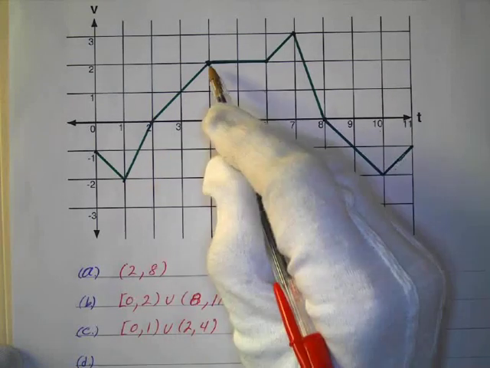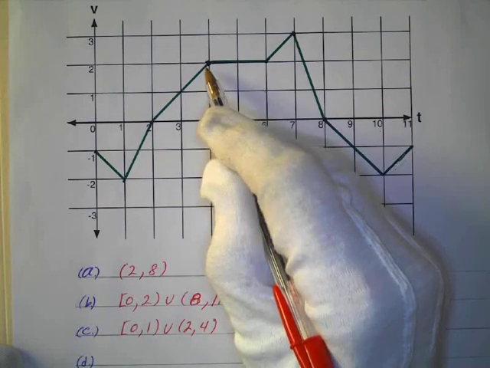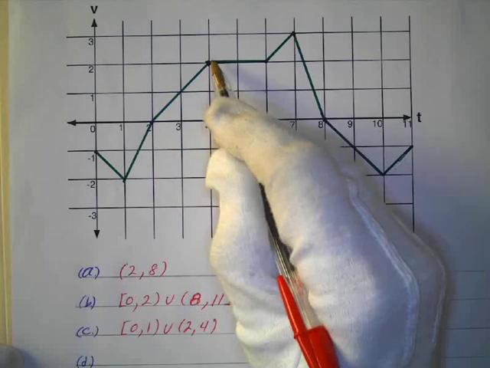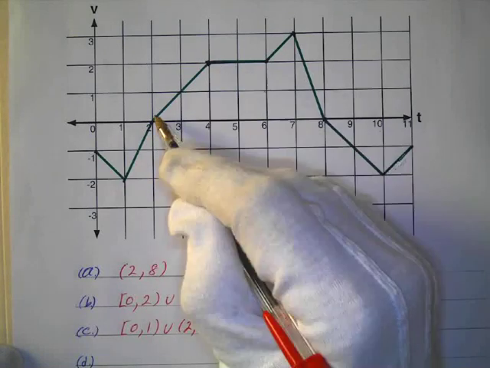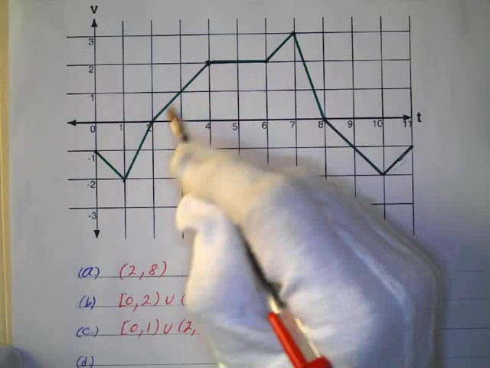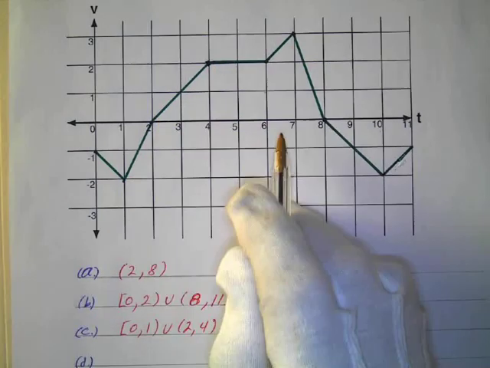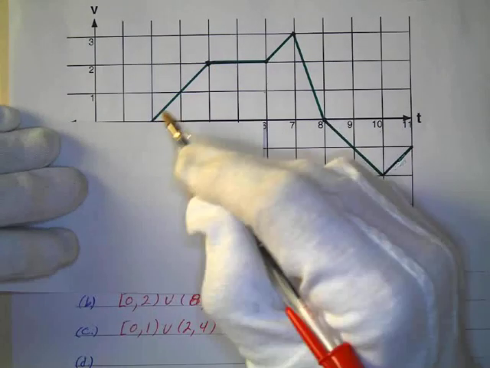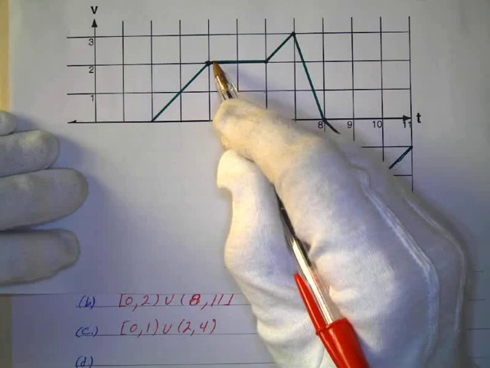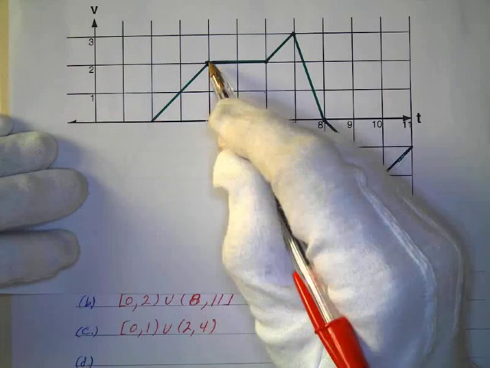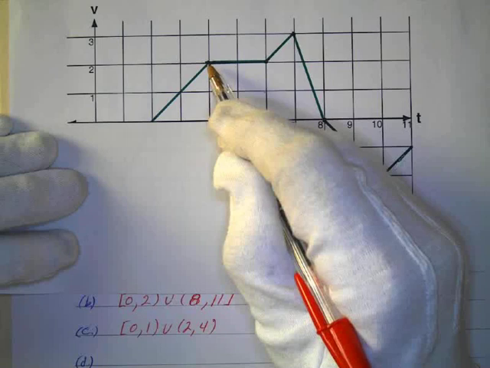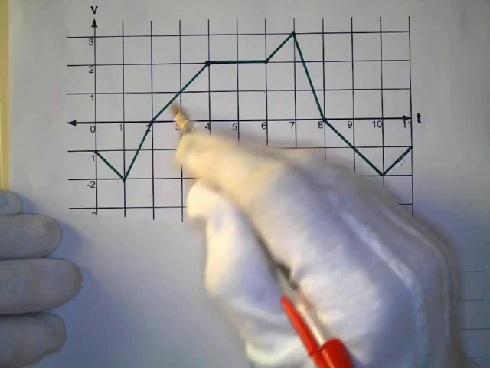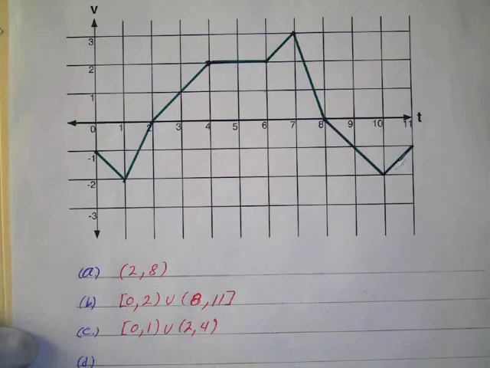And from 2 to 4, the acceleration is positive, the slope is positive, and the velocity is also positive. So since the velocity is positive, that means it's above the graph. It's above the graph, so the velocity is positive, and the slope of the velocity, which is the acceleration, is also positive. Remember here it doesn't exist, so we don't worry about these corners. So keep that open.